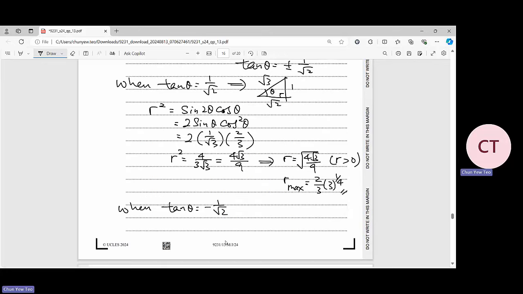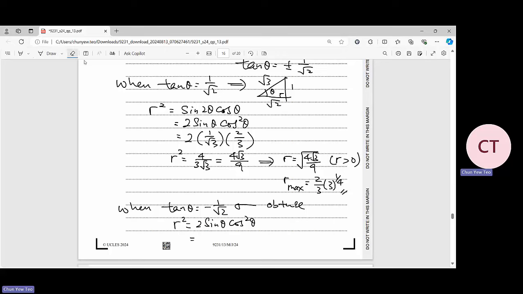For tangent theta equal to negative 1 over root 2, we will be using the relationship again. r square equal to 2 sine theta cos square theta. So for this case, that means your theta is in the second quadrant. It's actually obtuse.